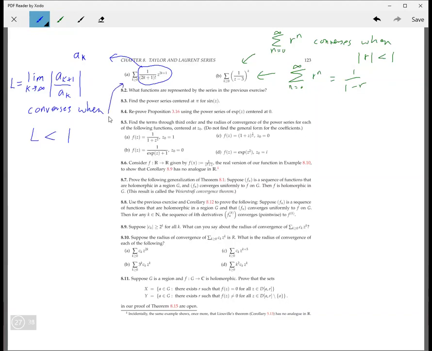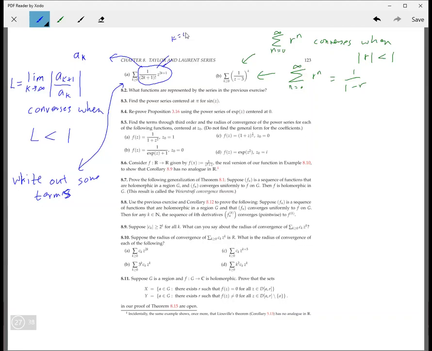Okay, for this one, I'll give you a few hints. Write out some terms. So first just write some terms out. Set k equal to 0, because it starts at 0, right?